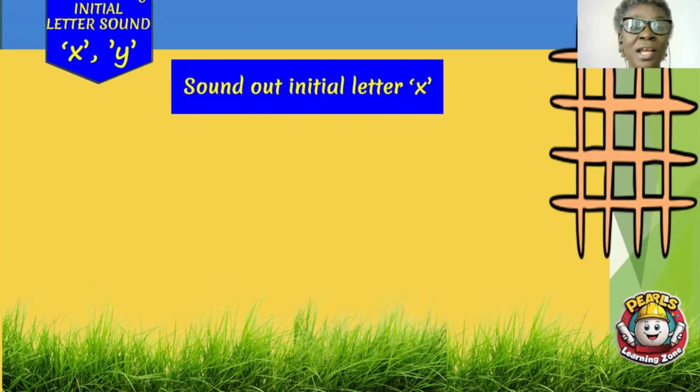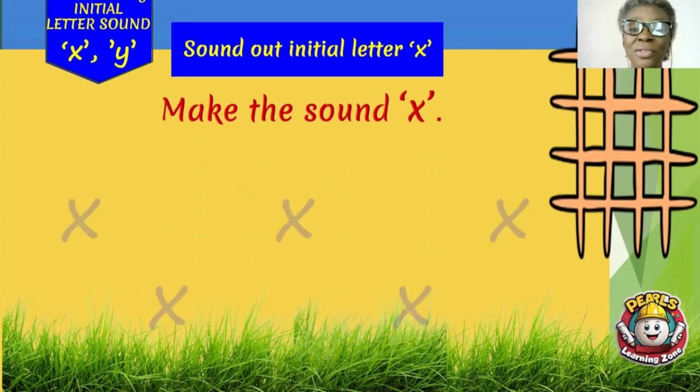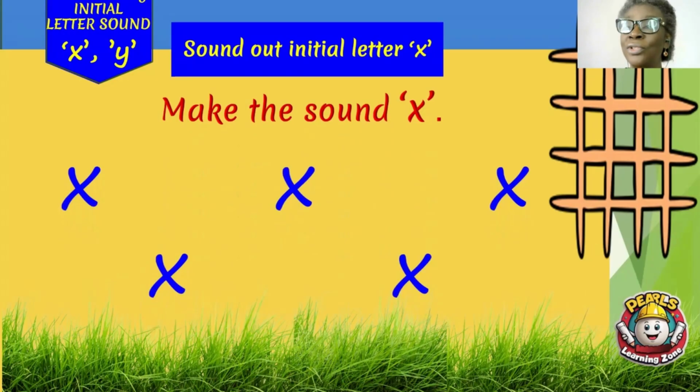We're still looking at the initial letter sound X and Y. Now we want to learn how to make the sound X. Just follow me, by repeating after me. I will make the sound, you repeat after me. So this is how it is to be sounded.